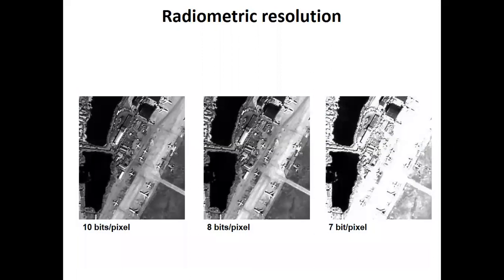And in the end, I should briefly mention the radiometric resolution, because the same image done with the same spatial resolution could still contain less or more information depending on how many gradations of gray, for example, are recorded.